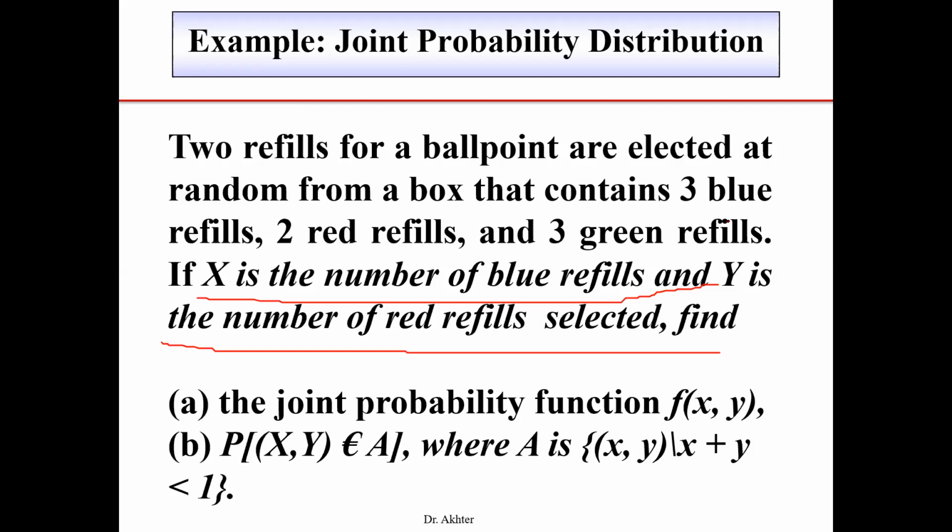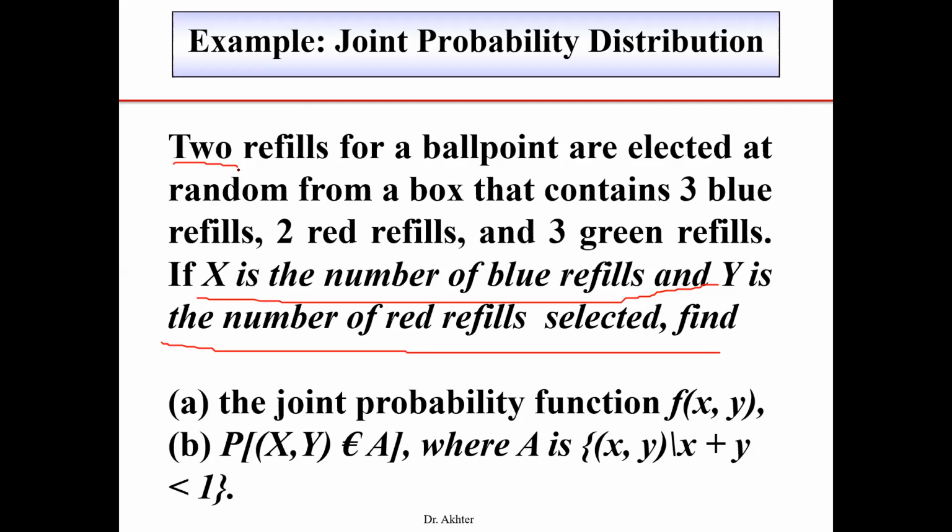So if 2 refills are selected, then 0, 1, 2 are the only values of x, because it is possible that we have 0 blue refills selected, or 1 blue refill selected, or 2 blue refills selected. We cannot select 3 blue refills because the total refills to be selected are 2. We cannot select more than 2. That is why the values of x are 0, 1, 2.